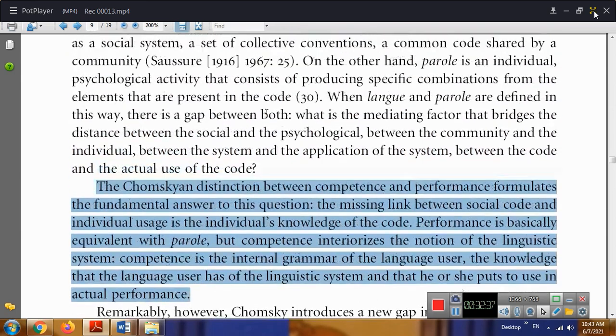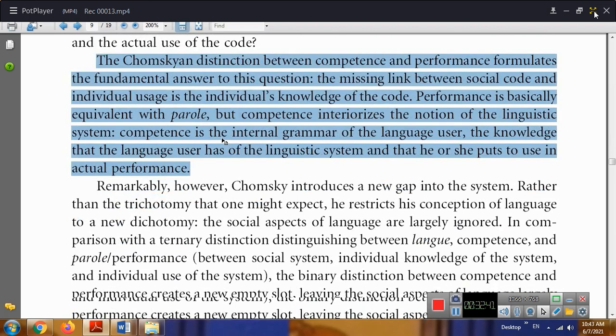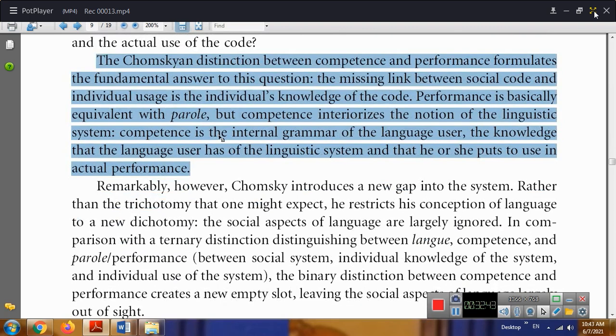The Chomskyan distinction, dear student, you should know the definition of langue and parole and the differences and their gap. The Chomskyan distinction between competence and performance formulates the fundamental answer to this question. The missing link between social code and the individual usage is the individual's knowledge of the code.